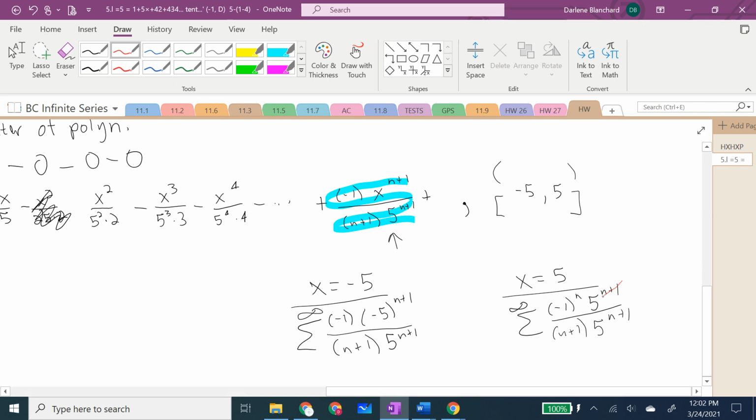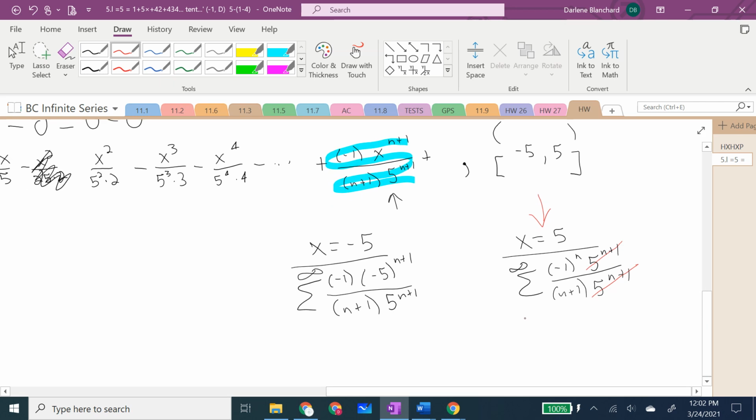I can see really nicely that what I have is an alternating series. I'm looking at this one, an alternating series, and it compares to the harmonic series. So alternating harmonic does converge. And I can do that through the alternating series test.